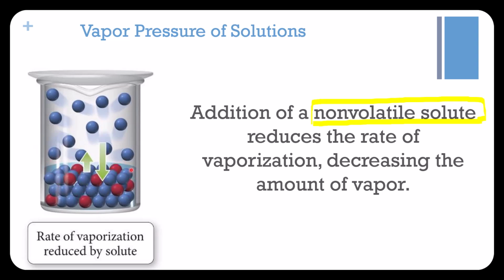So instead of having 20 water molecules that are available to vaporize, now the sodium chloride has taken 4 of those spaces. So now only 16 water molecules have the opportunity to become a vapor. So that's going to, of course, reduce that vaporization rate. That's going to reduce the number of particles that do vaporize. And if we decrease the number of vapor particles, that's going to decrease the vapor pressure.